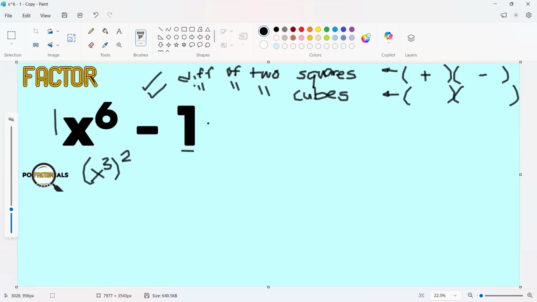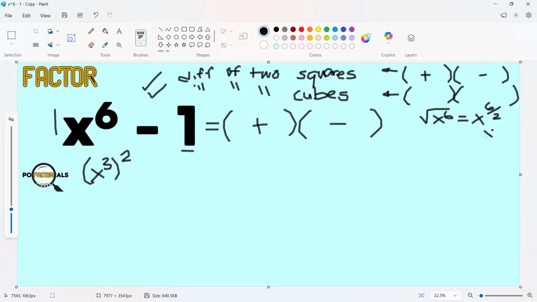The difference of two squares allows us to factor this into two binomial expressions where the operations are opposite, but they will have the same first term and the same second term. For the difference of two squares, we only take the square root of the first term, x to the power of 6. Pardon if we are using radical expression, but this means we are dividing 6, the exponent of x, by the index of the square root, meaning 2.